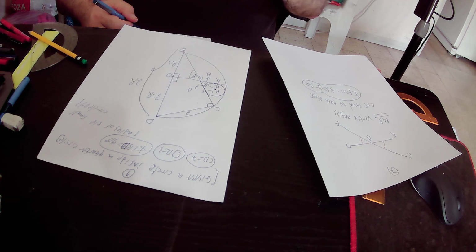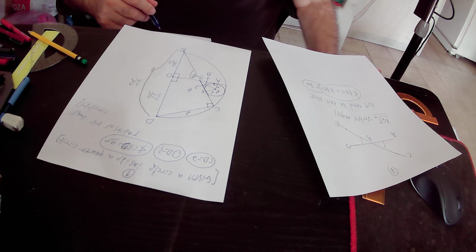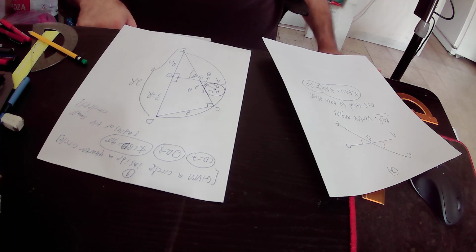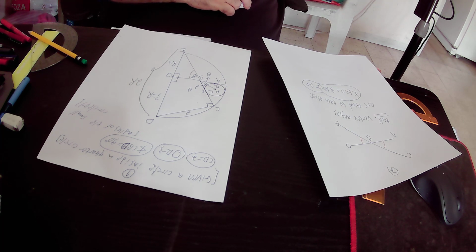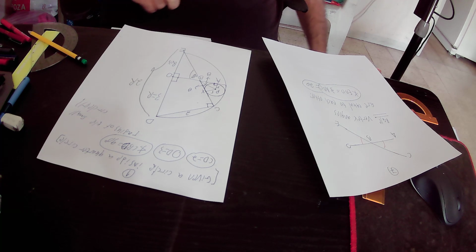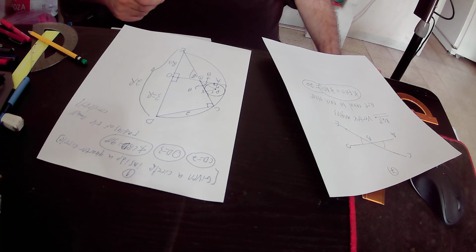So now we will return to the right triangle, triangle EBO.